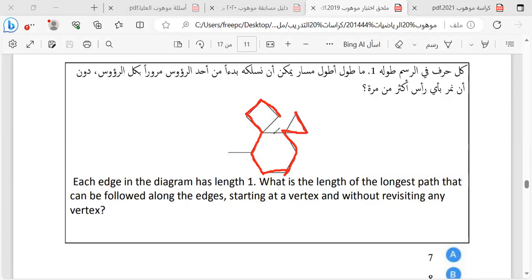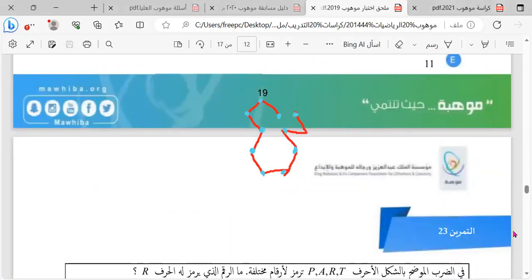So only 1 time the vertex. Look, you only pass one time. Okay? So the answer, the long one, is 10.